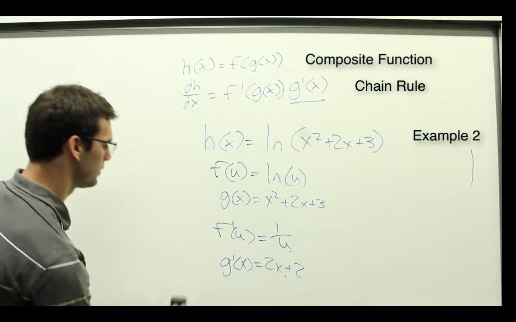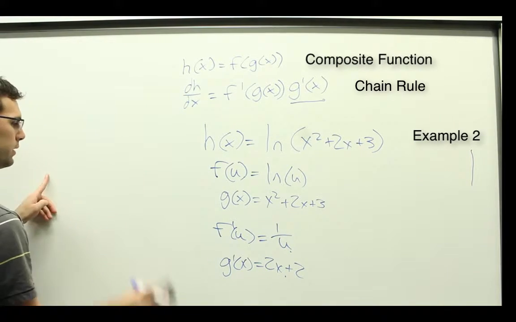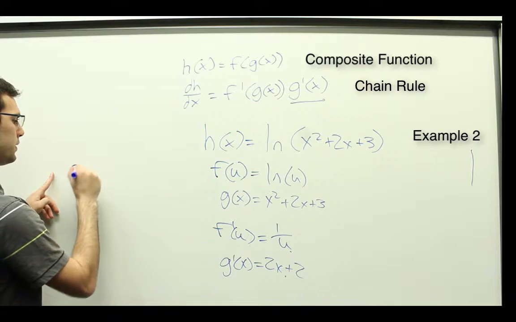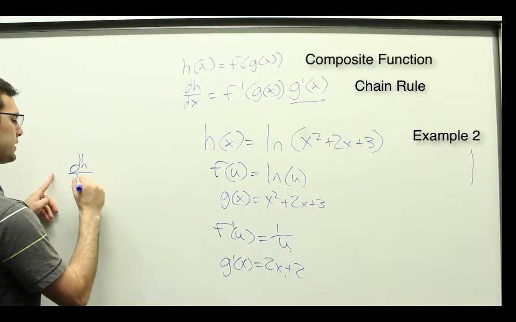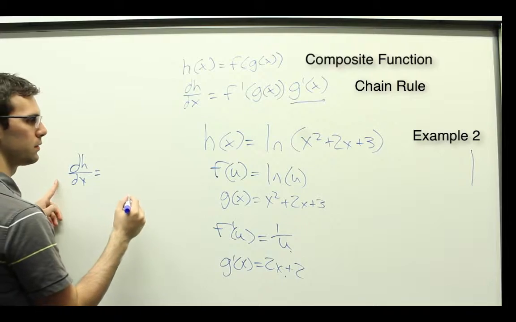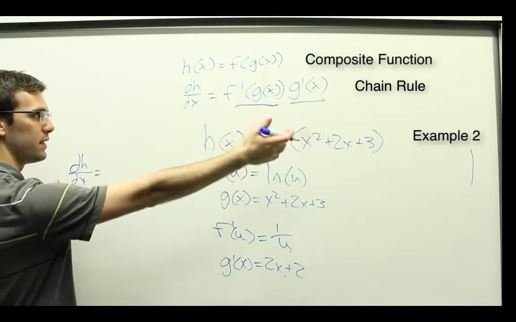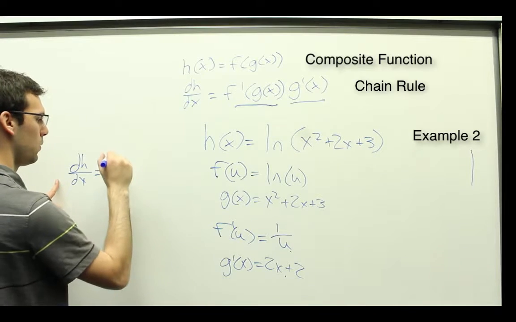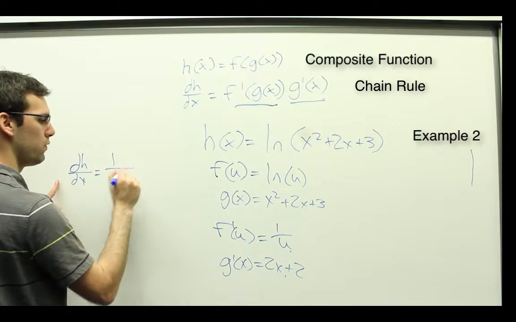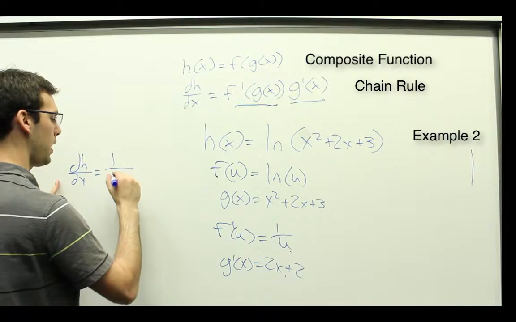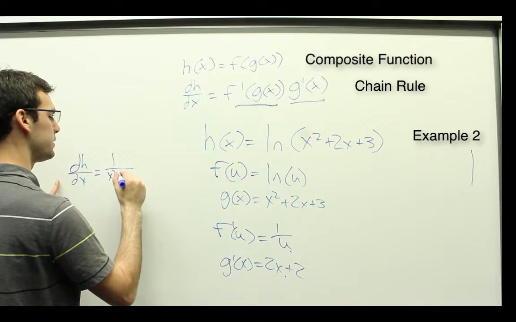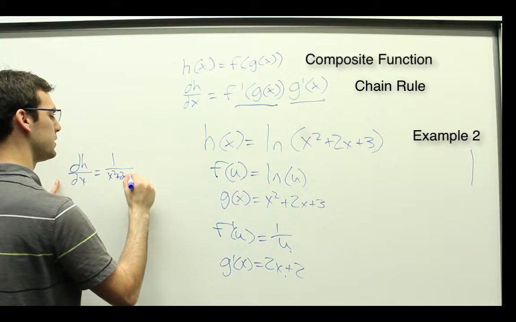Let's go ahead and move over here a little bit. The derivative dh over dx is equal to the outer derivative with the inner function, times the inner derivative. So 1 over x squared plus 2x plus 3.